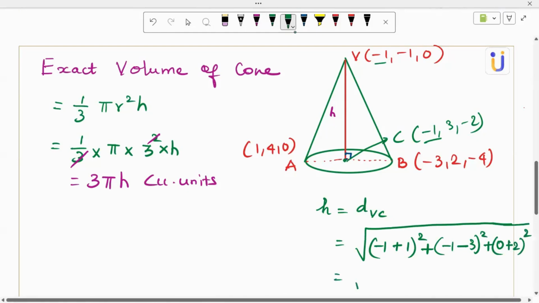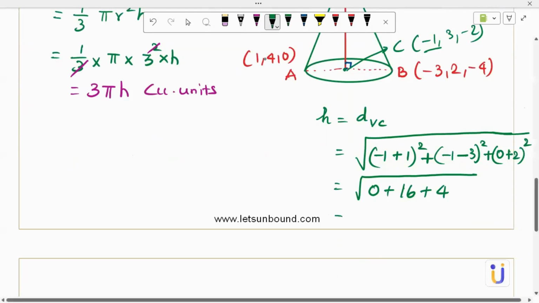It's simple. It's the square root of 0 squared, and minus 1 minus 3 is minus 4. Minus 4 squared is 16. 2 squared is 4, which gives root 20. We can simplify this as root 5 times root 4, and root 4 can be written as 2. So 2 root 5.